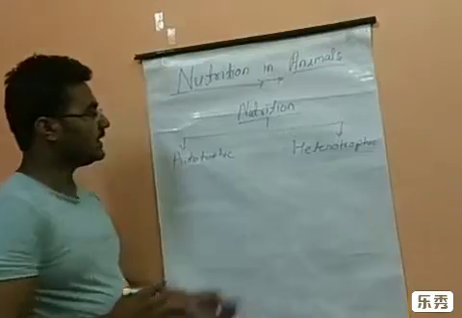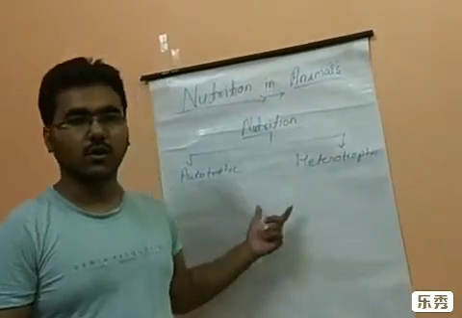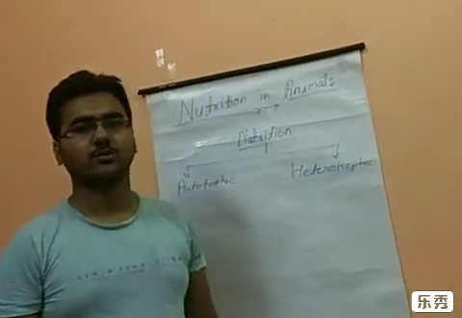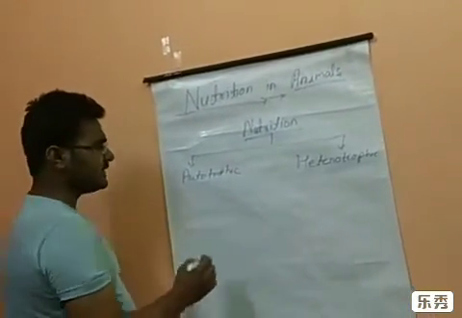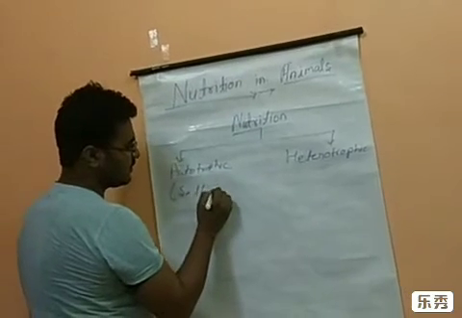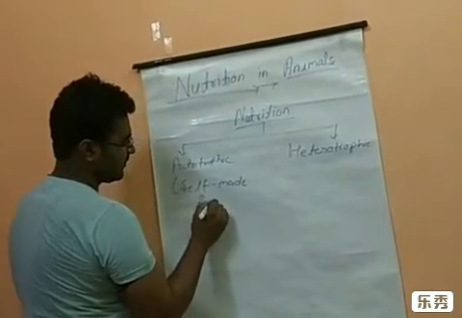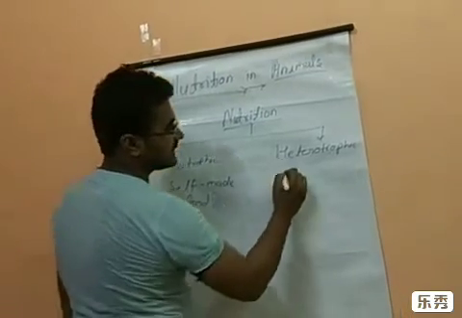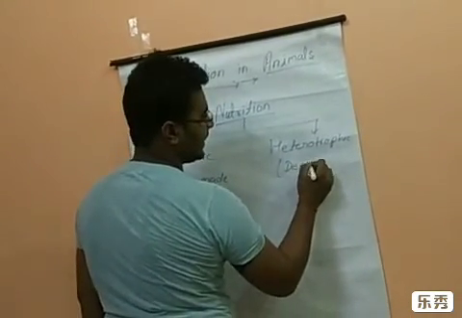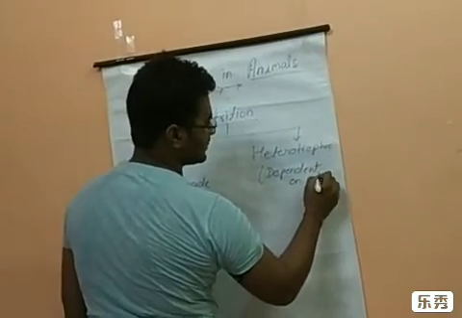I know that you all have learned the definition, so I'm not going to repeat it, but a few important points I will tell. The first one is self-made food. And the second one is dependent on others.